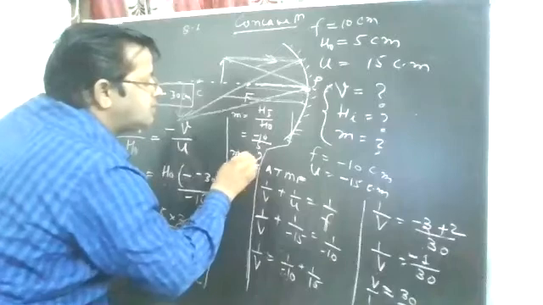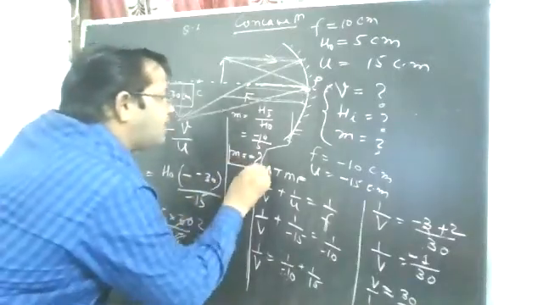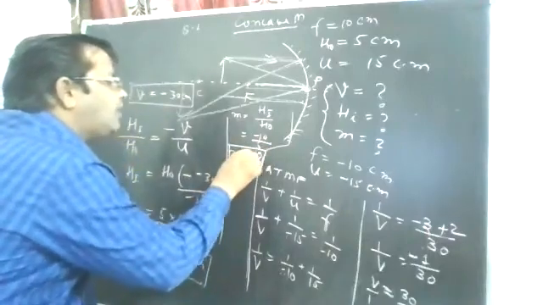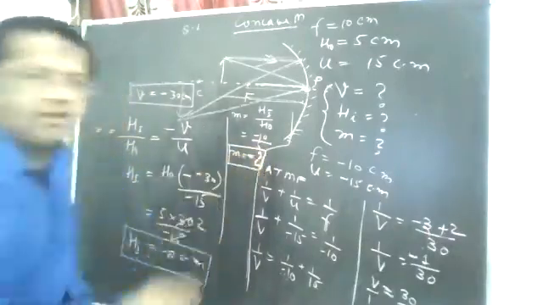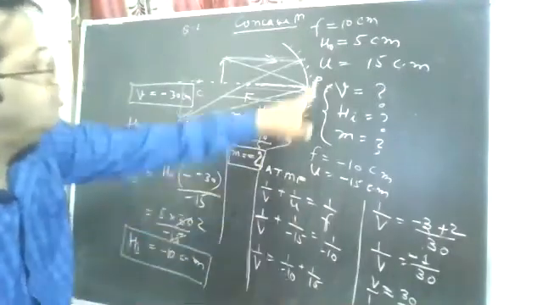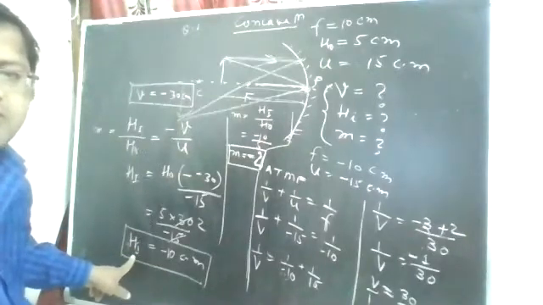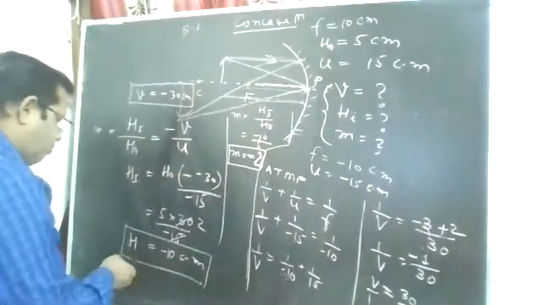I have already told you, minus means real and inverted, and 2 means 2 times magnified. The height of the image is 2 times magnified.